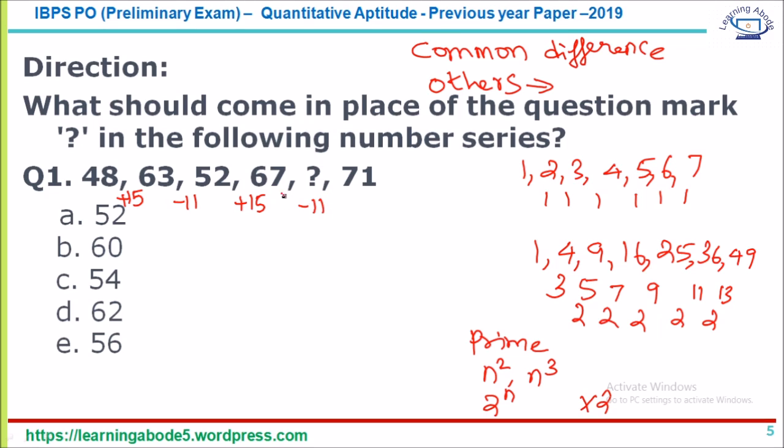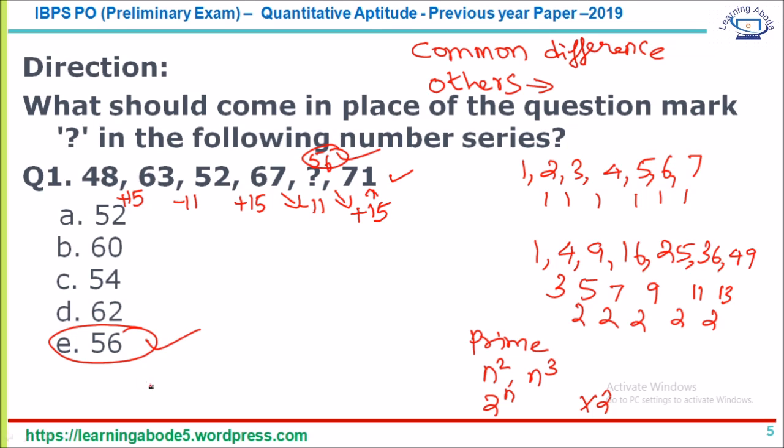If you put 67 minus 11, then that will be 56. Then after that it should be plus 15, because the common difference is like plus 15, minus 11, plus 15, minus 11 and so on. So 56 plus 15 is 71. So my assumption is correct, the answer is 56, answer option E for the first question.